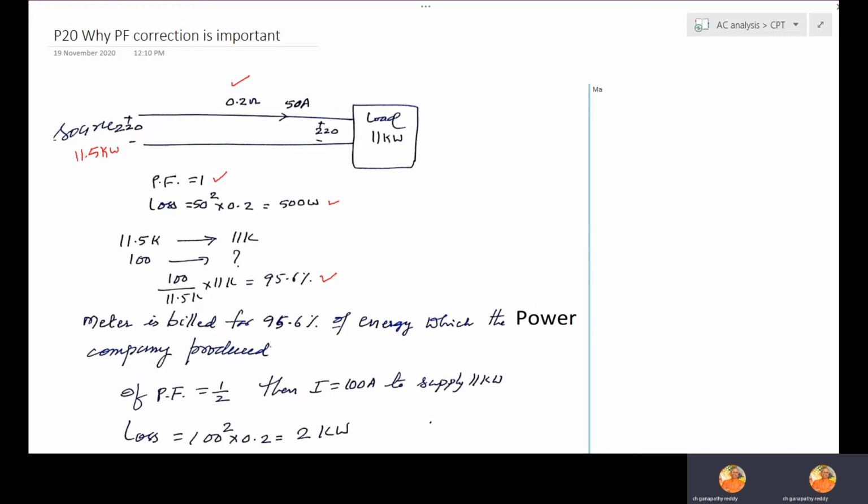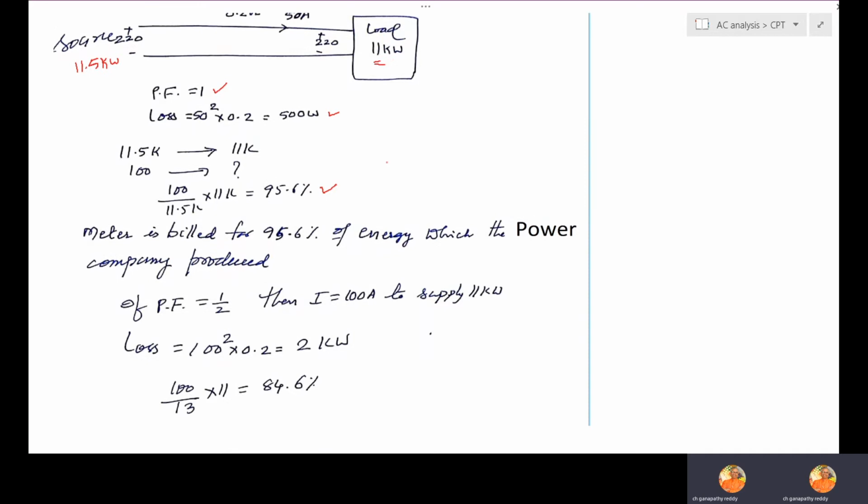So the company produces 100 watts but bills only for 95.6 watts. The remaining is lost, and the customer will not pay for this loss. The customer will pay the bill only for 11 kilowatts. This is when the power factor is 1.